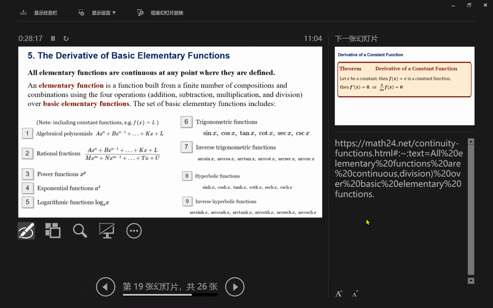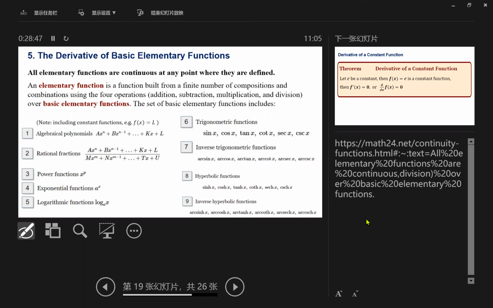An elementary function is a function built from a finite number of compositions and combinations using 4 operations: addition, subtraction, multiplication, and division over basic elementary functions. The set of basic elementary functions includes, for example, first, algebraic polynomials. Second, rational fractions. Third, power functions.